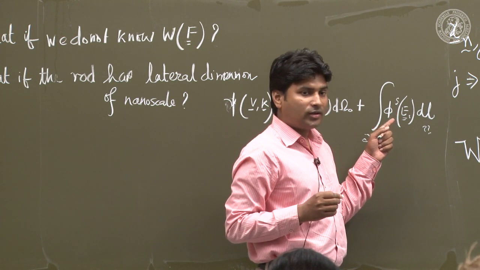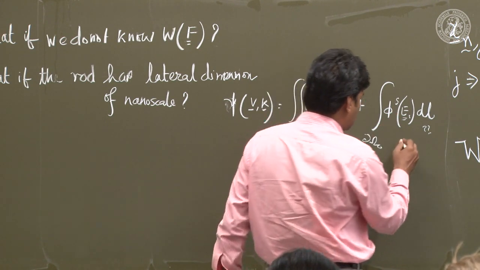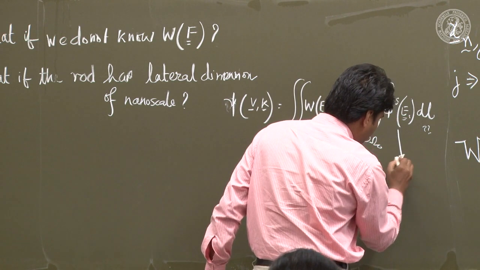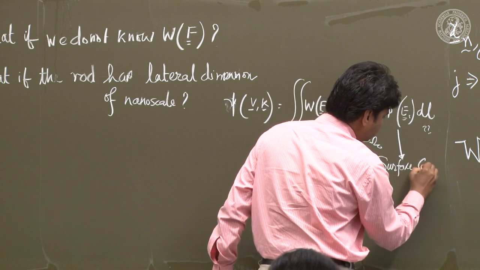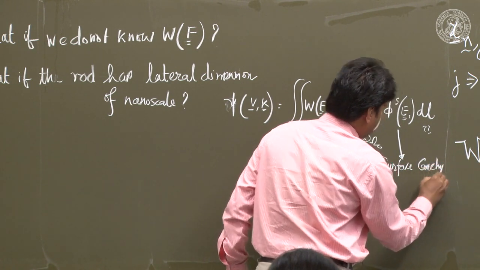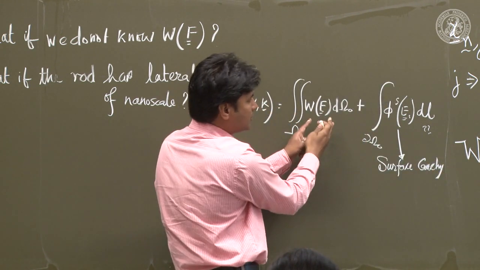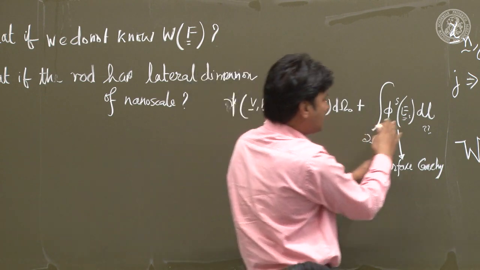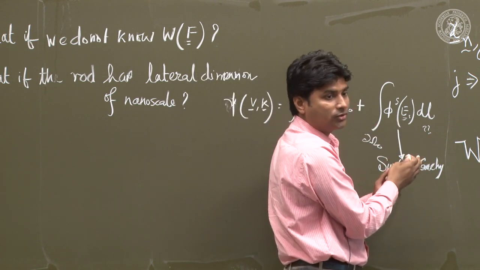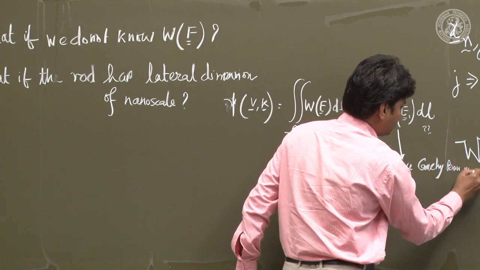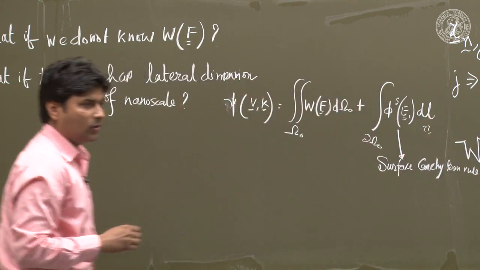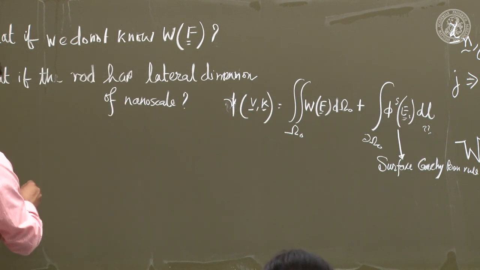So, that question has been also addressed, and people use what is called surface Cauchy-Born rule. Just like the Cauchy-Born rule for bulk crystals, for bulk energy, there is something called surface Cauchy-Born rule for surface energy. Okay, so that is how you address the second question.